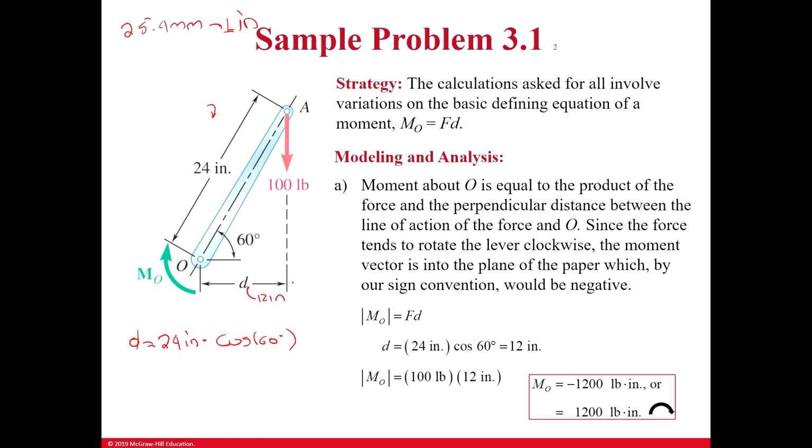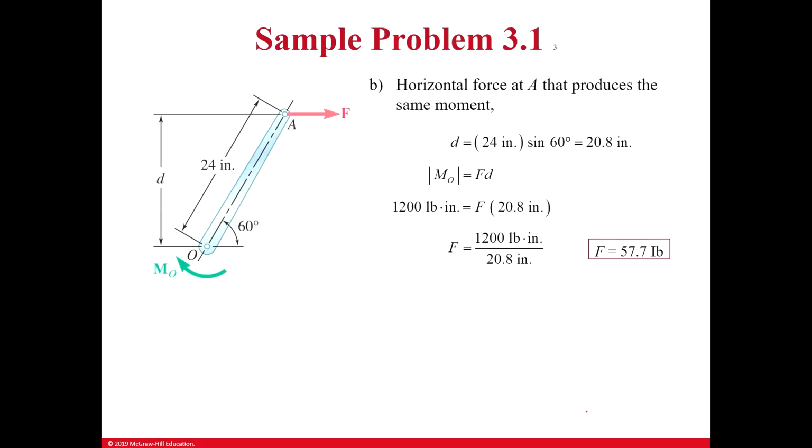Therefore, the force perpendicular to it is 100 pounds. So the moment is negative 12 inches times 100-pound force, which is 1200 pound inches. Okay. Question B, the horizontal force.